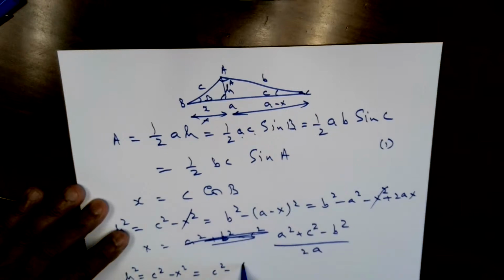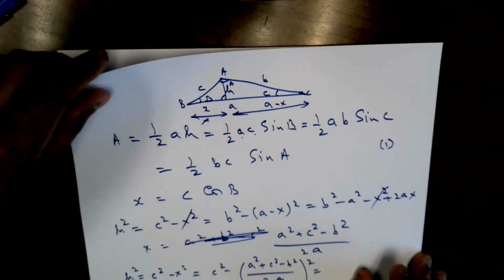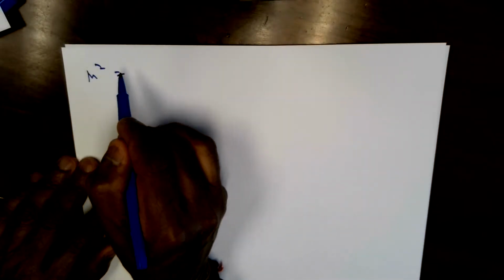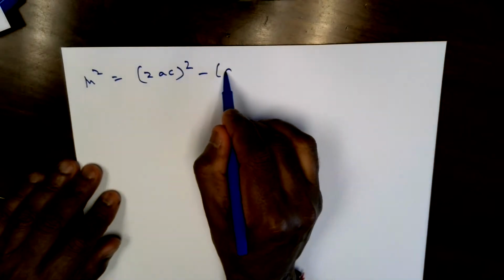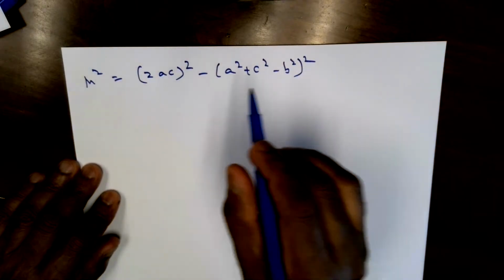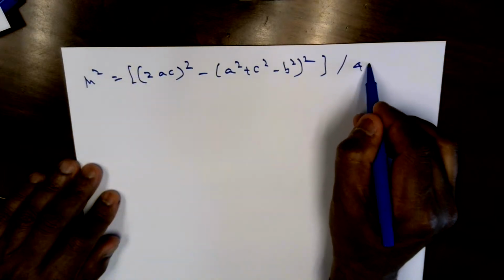That is c squared minus this quantity squared, a squared plus c squared minus b squared over 2a the whole squared. If I simplify on the next page, we get h squared is 2ac the whole squared minus a squared plus c squared minus b squared the whole squared, over 4a squared.